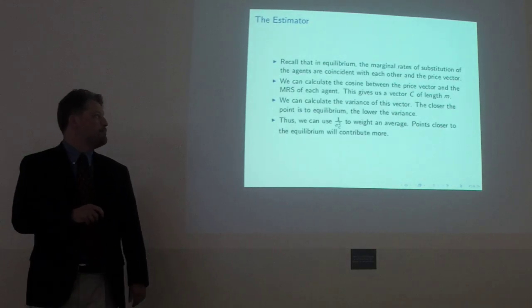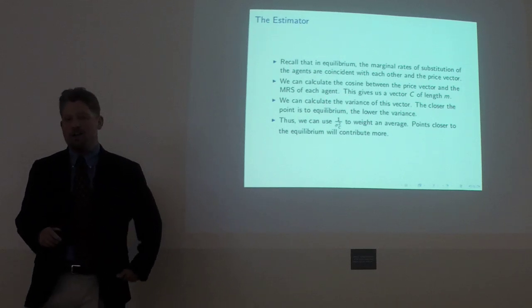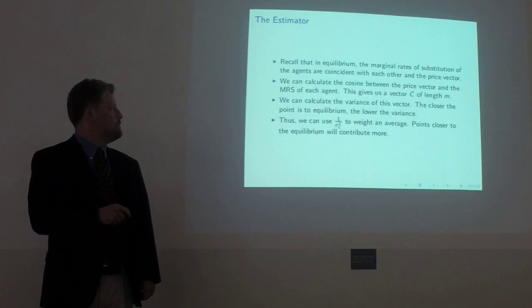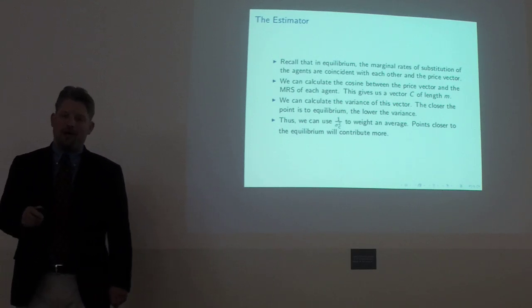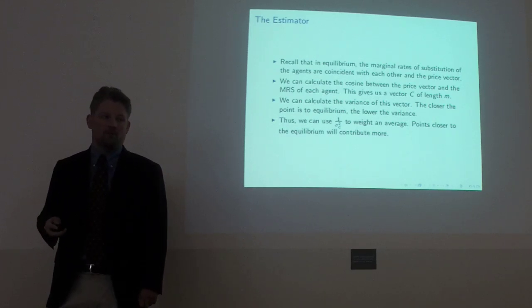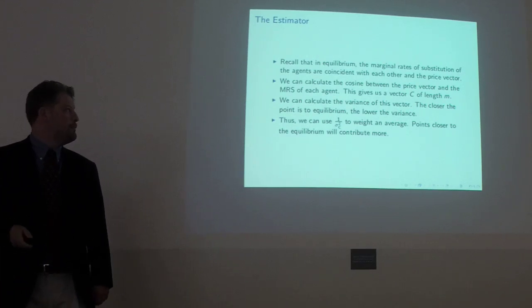I can calculate the cosine between the price vector and the marginal rate of substitution of each agent. If you have the actual equilibrium point, all those cosines should be equal to each other and equal to 1.